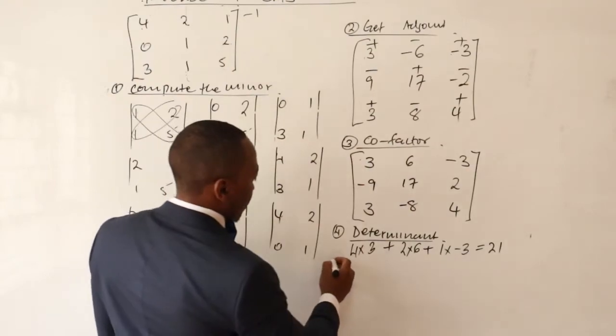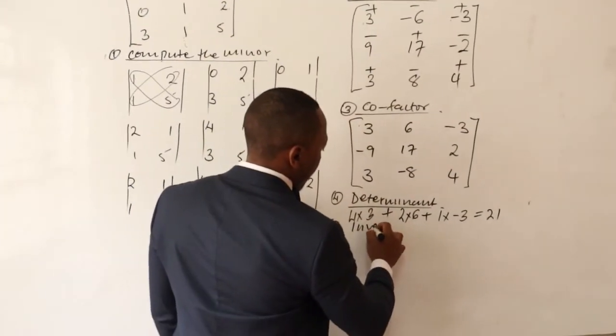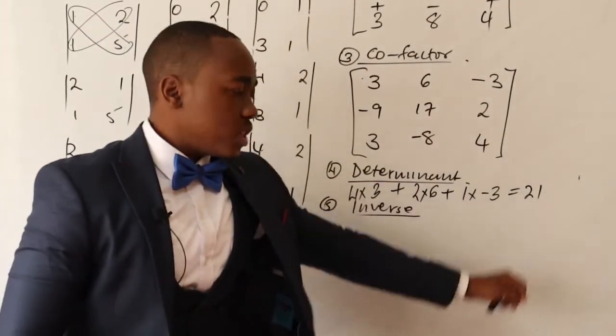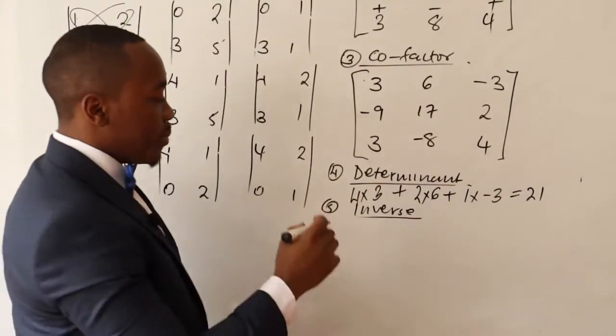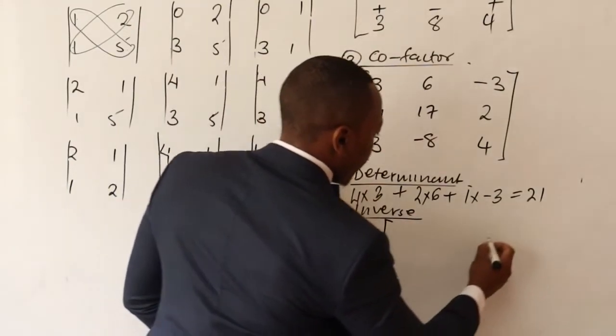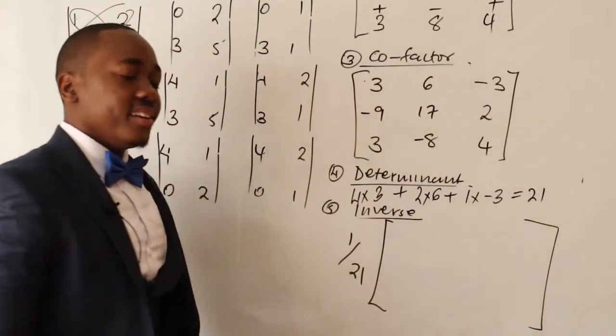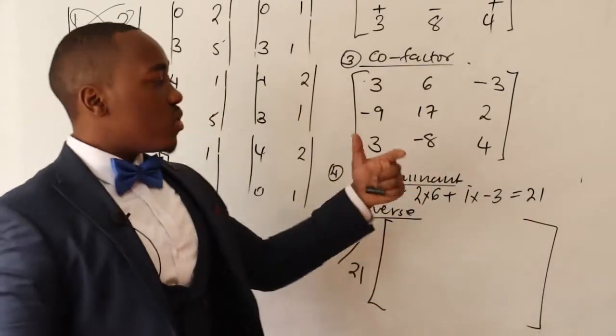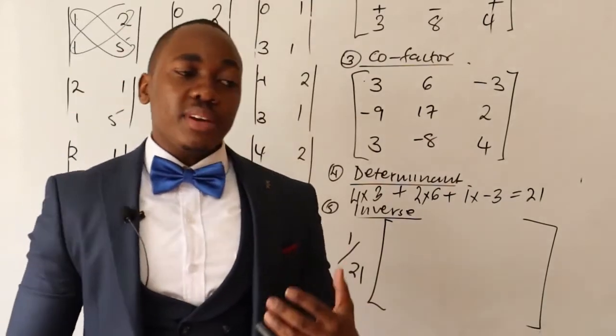And then lastly, how do we get the inverse? So if our determinant is 21, you reciprocate 21, so it would be 1 divided by 21. And then we say that you transpose the cofactor. The row becomes the column, and the column becomes the row.